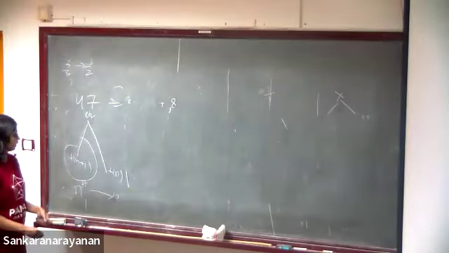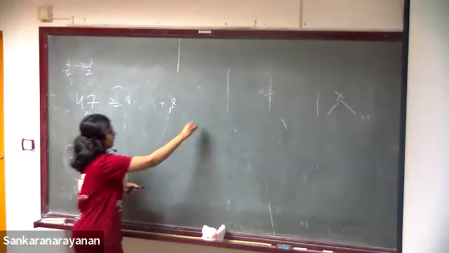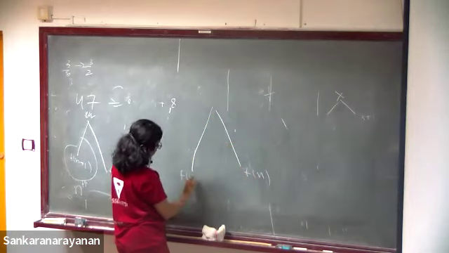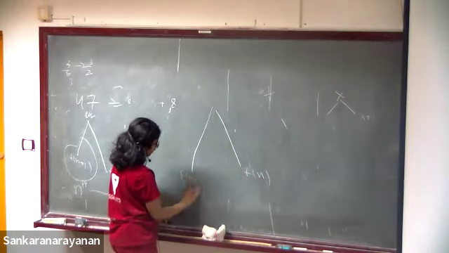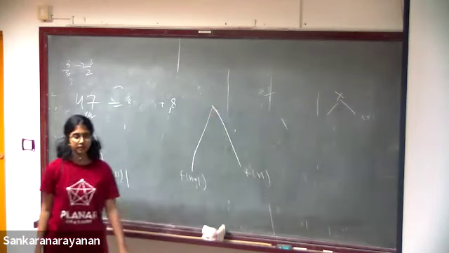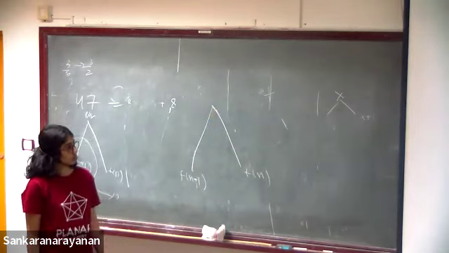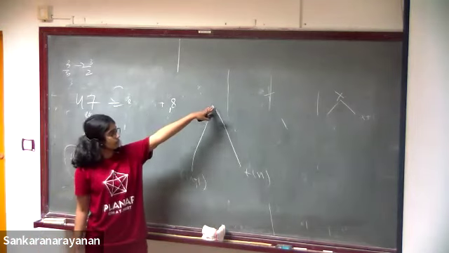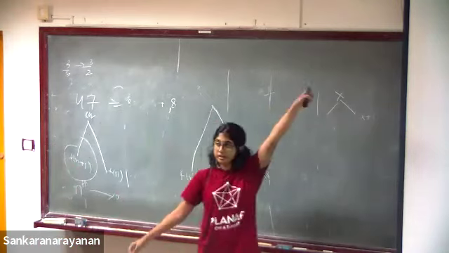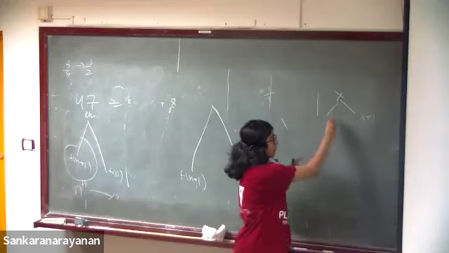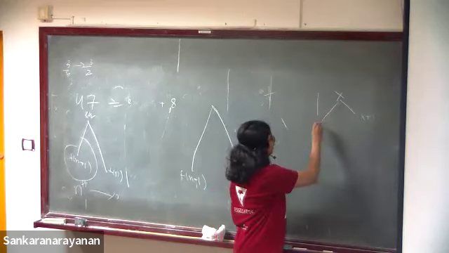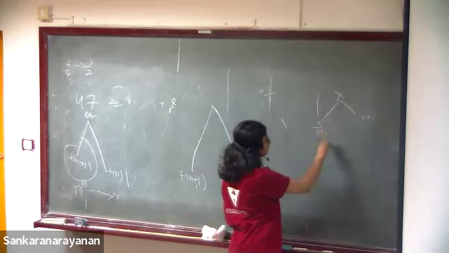Okay, cool. Let me write this. This is my f of n. This is my f of n plus 1. So we know f of n would be x plus 1. Remember we figured it out: if the parent is x, the right node would be x plus 1 and the left node would be x by x plus 1.